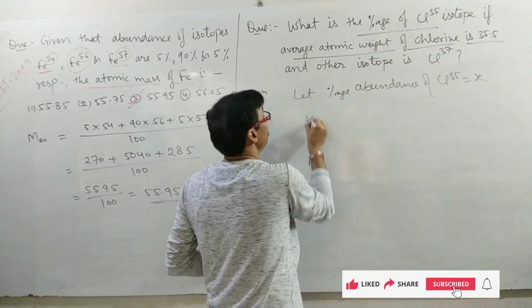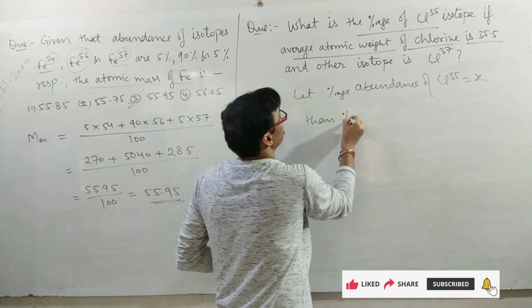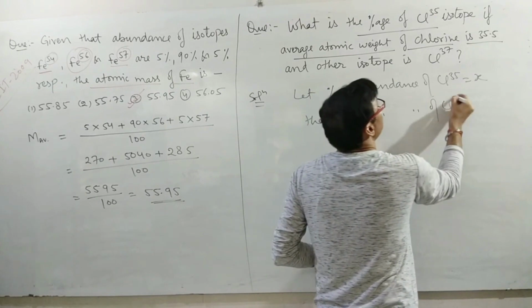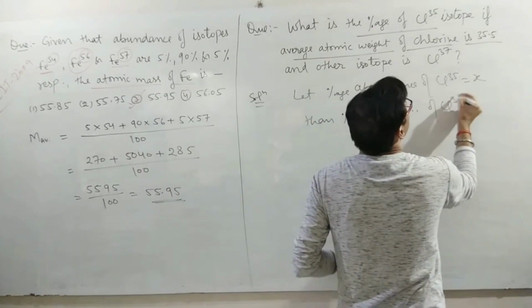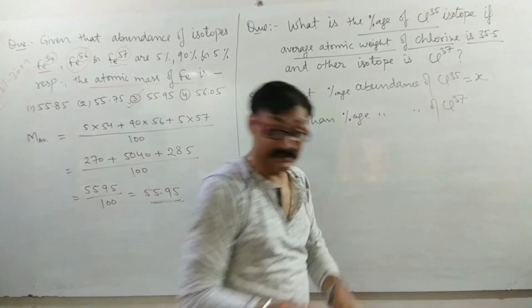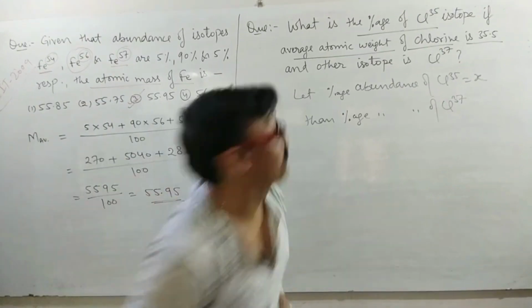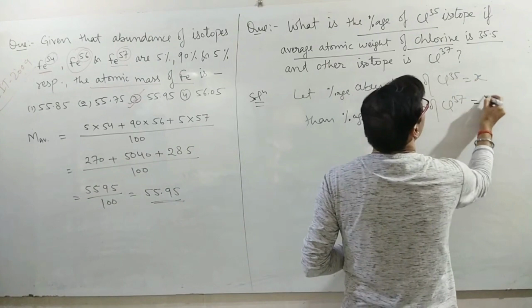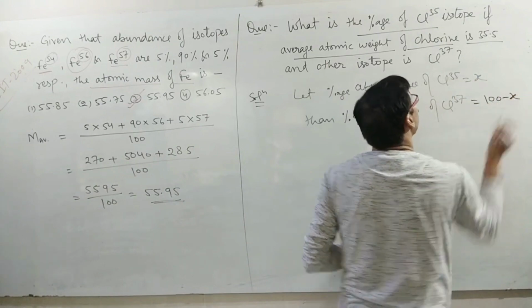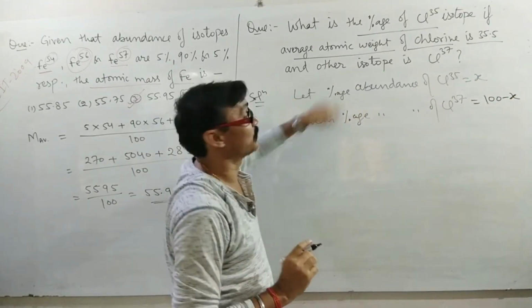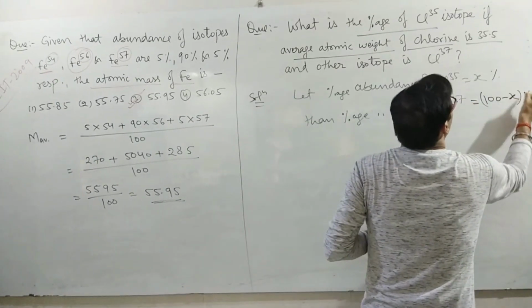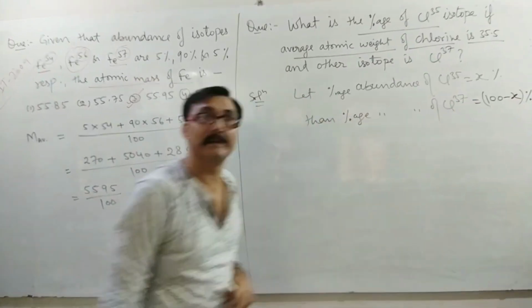Then the percentage abundance of the other isotope, 37, will be 100 minus x, because there are only two isotopes. If one is x percent, then the other will be 100 minus x percent.